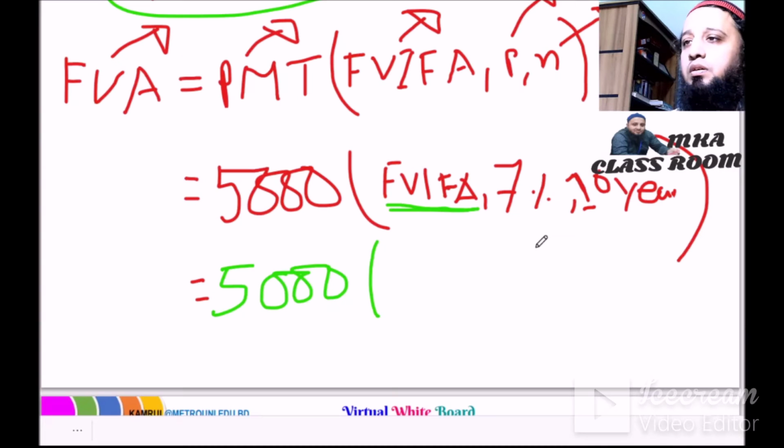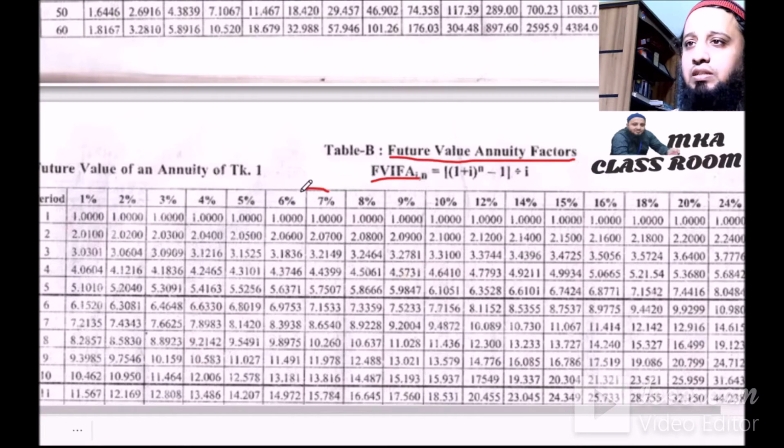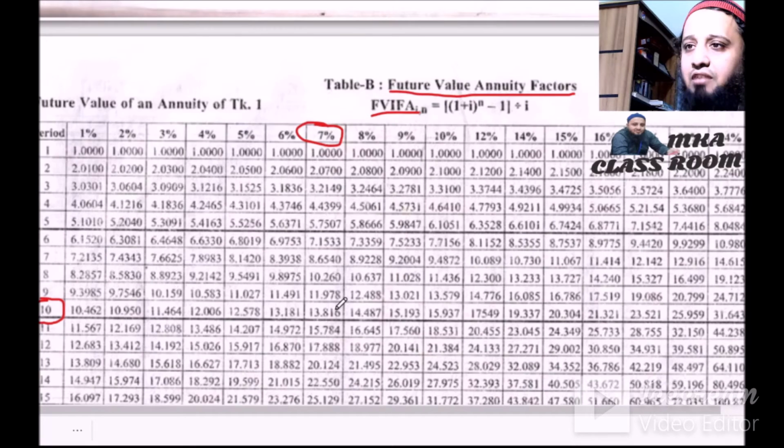Then the value of R is 7%, and the number of periods is 10. Where these two intersect, that is our desired value: 13.816.